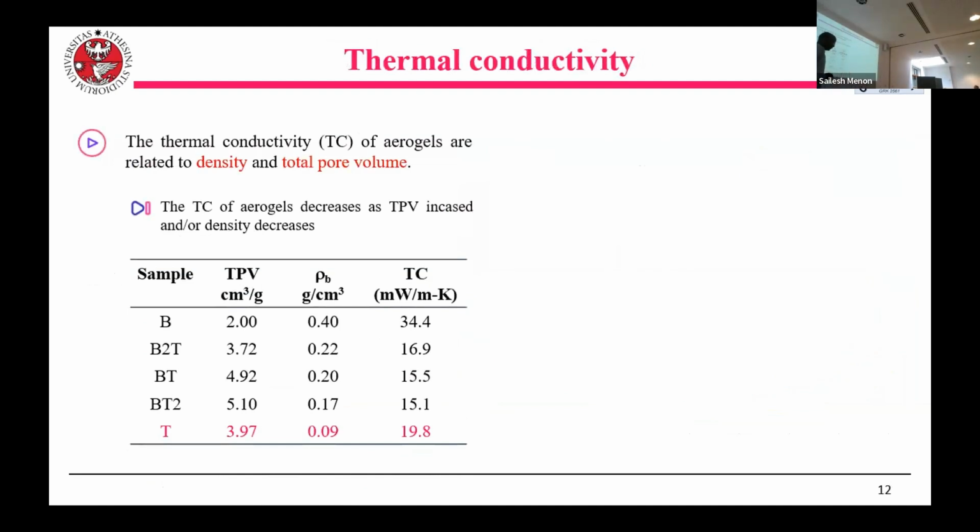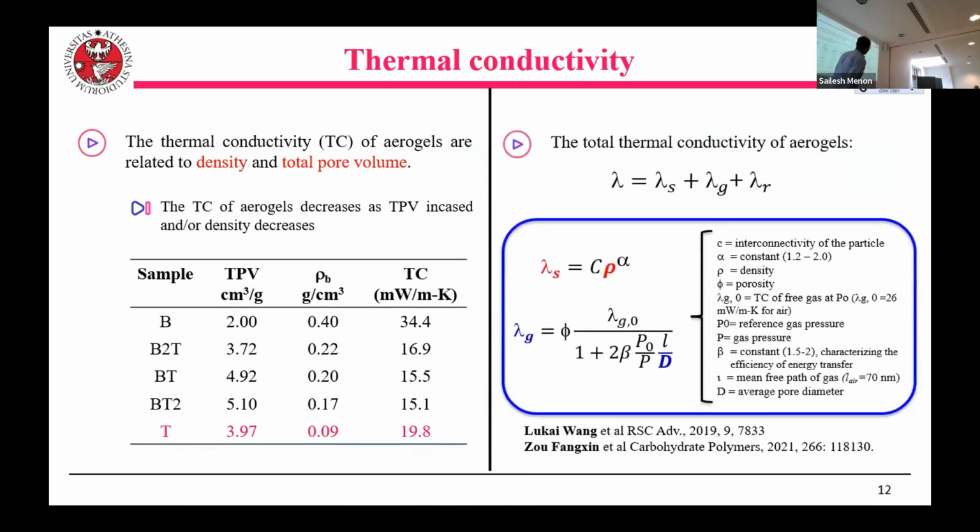Then finally, what we found out is that the thermal conductivity of our aerogels is more correlated to the bulk density and the total pore volume of our aerogel. For example, the total thermal conductivity is contributed from the solid phase, the gas phase, and the radiation.